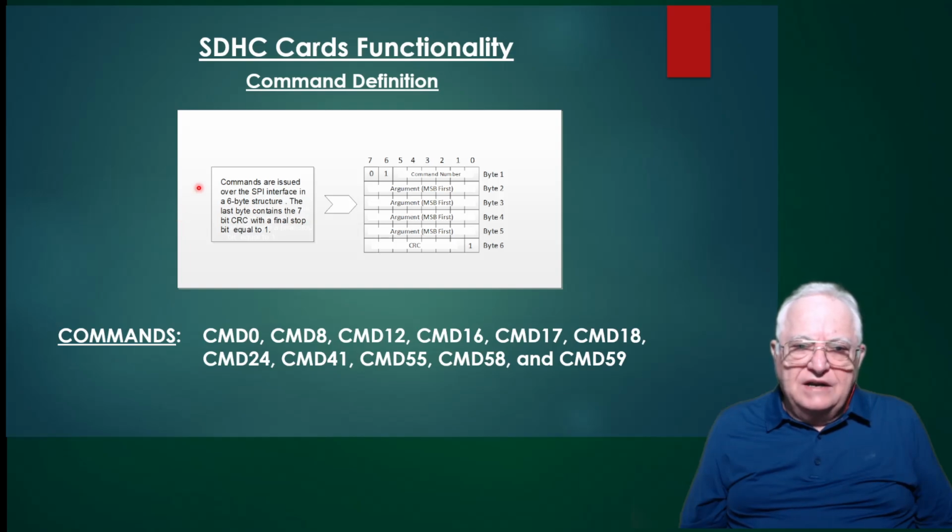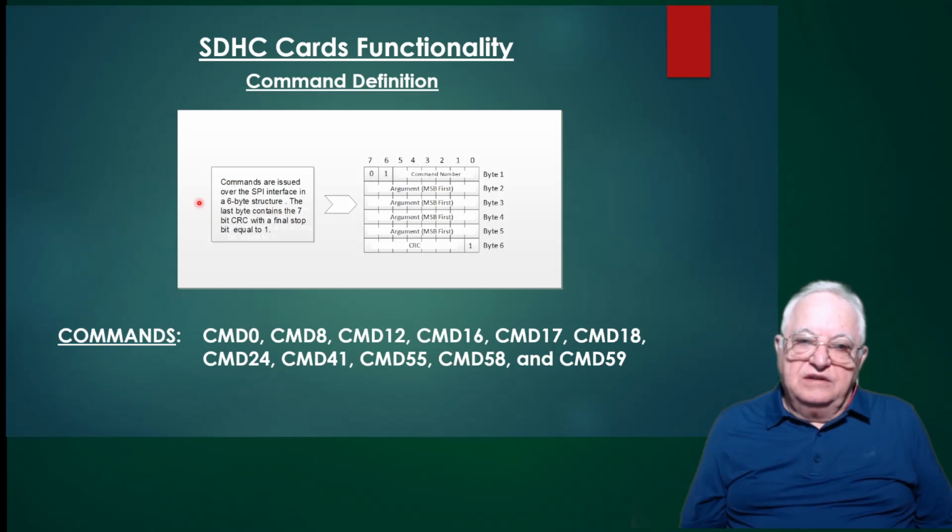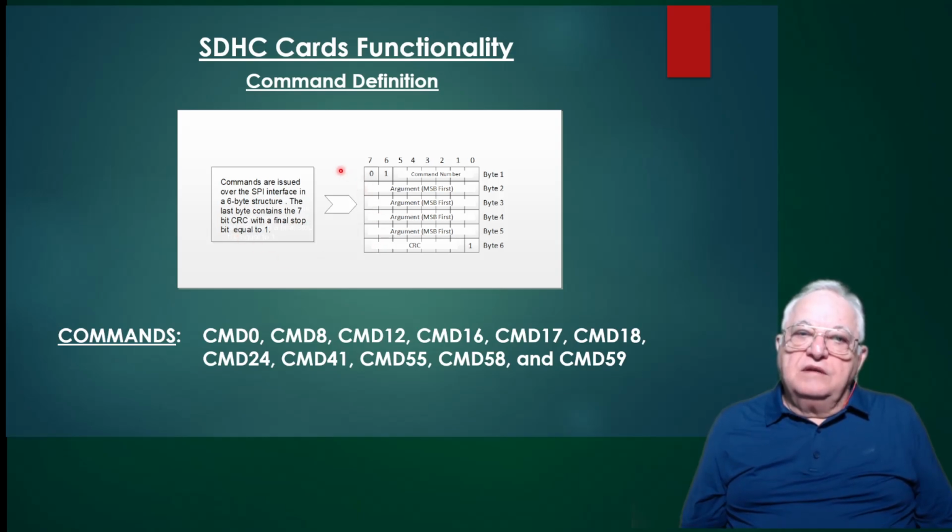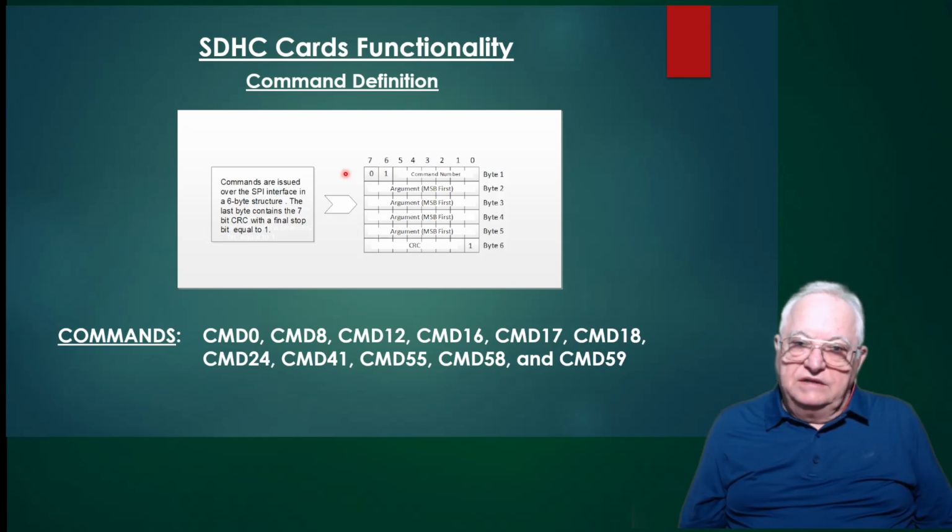A command is issued over the SPI interface in a 6-byte structure. The last byte contains the CRC with the final stop bit equal to 1. So basically, if we want to send a command, we have to send 6 bytes. The first byte has the command number. Then we're going to have 4 bytes of arguments, and next we're going to have the CRC.